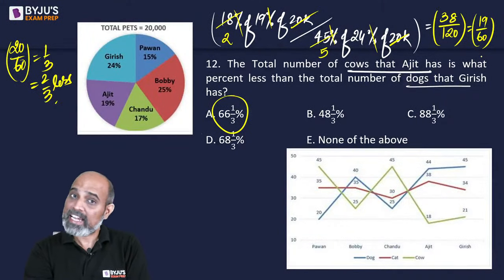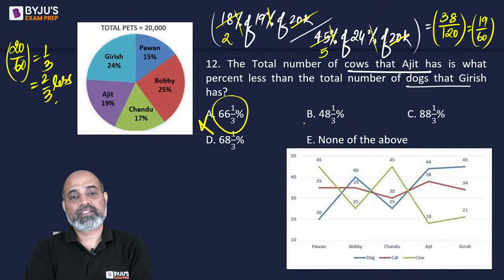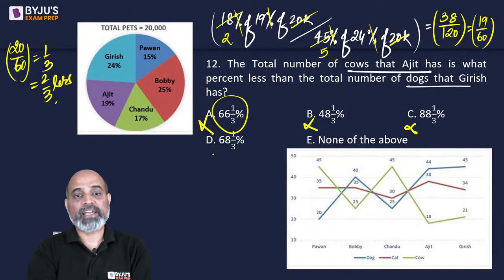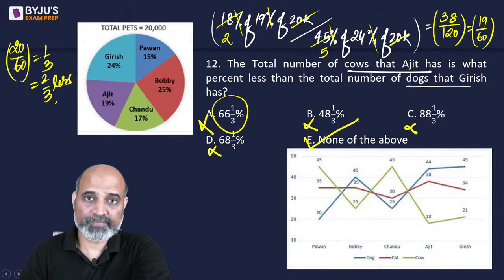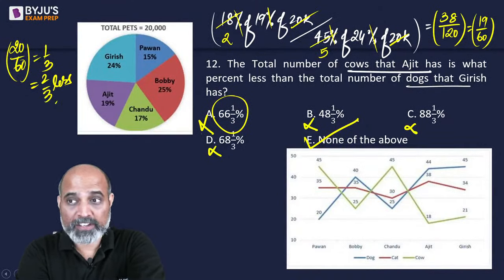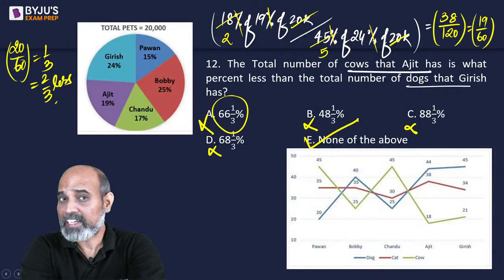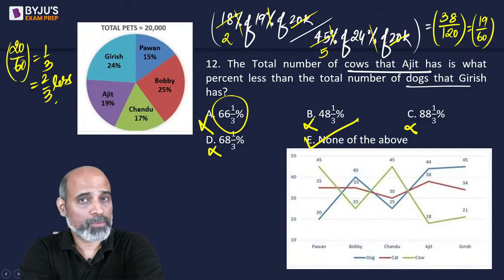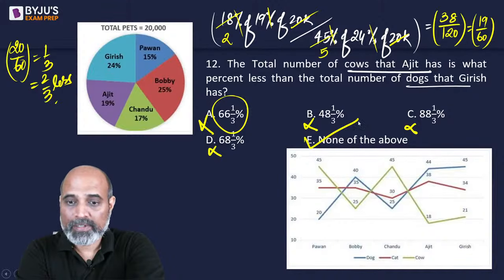No, this is 19 by 60. So it's not going to be exactly this. It can't be 48, it can't be 88, it can't be 68. So the option will be none of the above, Angela. Okay? Approximately A option makes sense, but if the options are that accurate, that the percentages are written in fractions, तो हम approximate क्यों करें? क्वेश्चन में लिखा हुआ भी नहीं approximate करने के लिए, right?